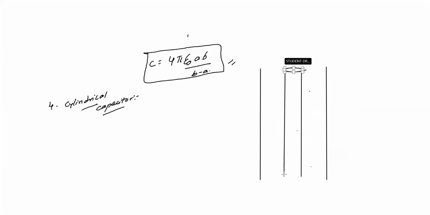I'm just showing the cylinders here. One is your inner and one is your outer radius, like this. We have seen the spherical capacitor. That spherical capacitor is the top view of this cylindrical capacitor. Just imagine like this. For this cylindrical capacitor, there are two radii.